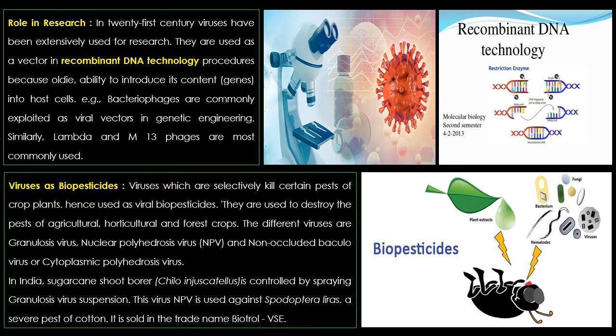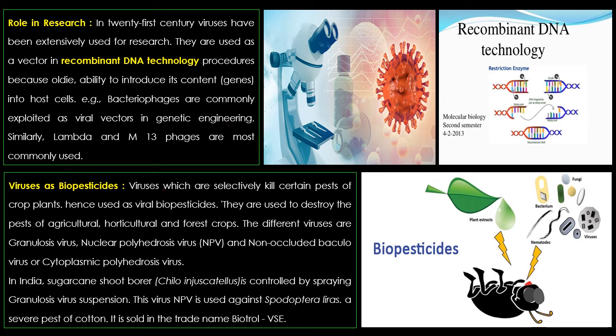Viruses as biopesticides. Viruses which selectively kill certain pests of crop plants are used as viral biopesticides. They are used to destroy the pests of agricultural, horticultural and forest crops. The different viruses are granulosis viruses, nuclear polyhedrosis viruses, and non-occluded baculovirus or cytoplasmic polyhedrovirus.